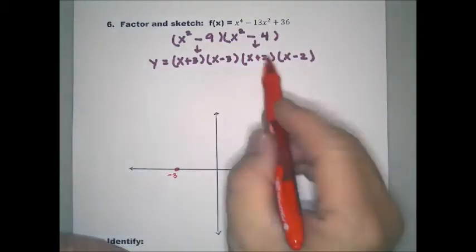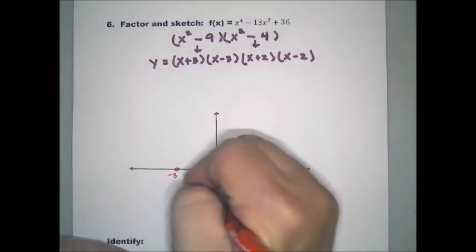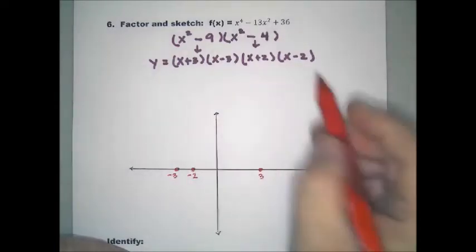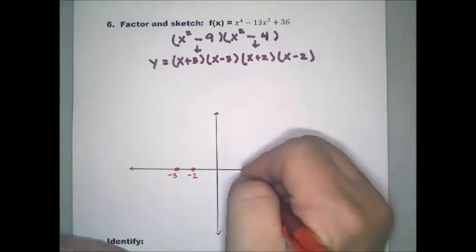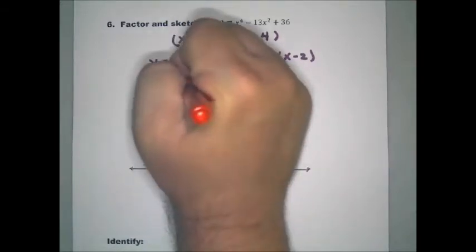And then this factor would make negative 2. And this factor would make positive 2. Now, I've taken care of my x-intercepts. The last thing I would like to know is, what about my y-intercept?